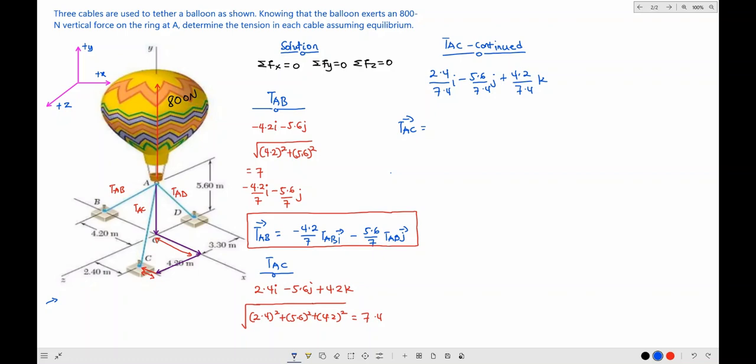We are going to have 2.4 over 7.4 TAC multiplying vector i, minus 5.6 on 7.4 multiplying TAC times vector j, and then plus 4.2 on 7.4 multiplying TAC times vector k. So those are the components of the tension in cable AC. Let's take note of that also.